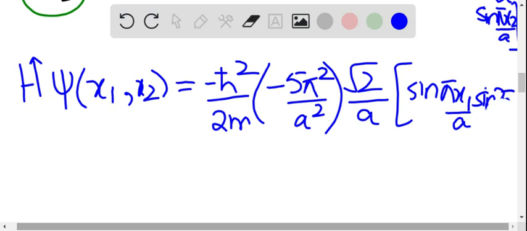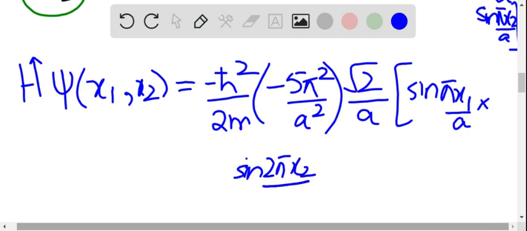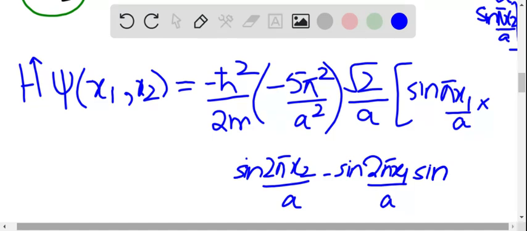Let me erase it and write it on the next line because there is not much space here.